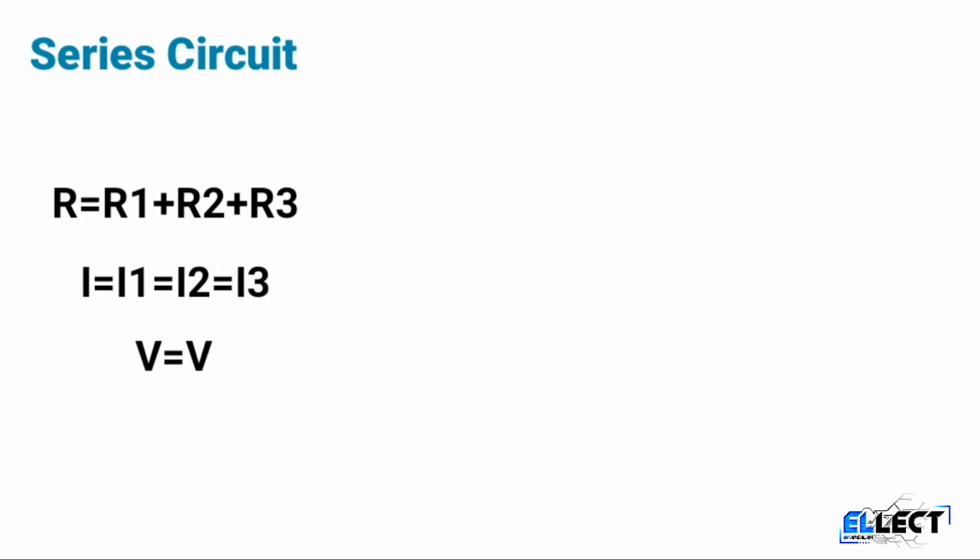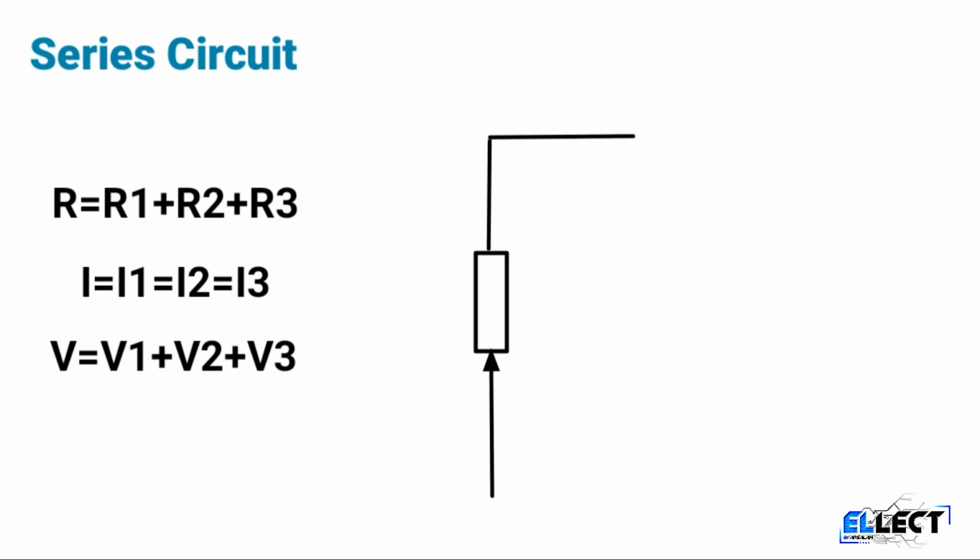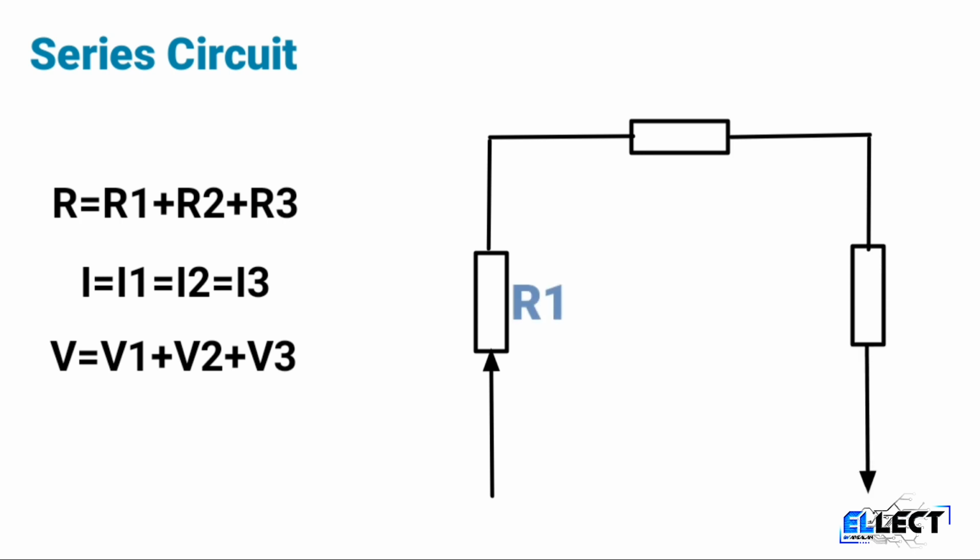This is the formation in which three resistors are connected in series. So if three resistors are connected in series, the equivalent resistance will be equal to the sum of the individual resistances.